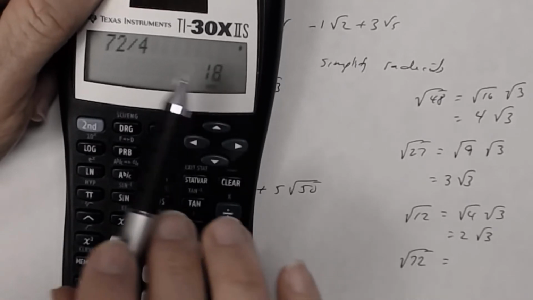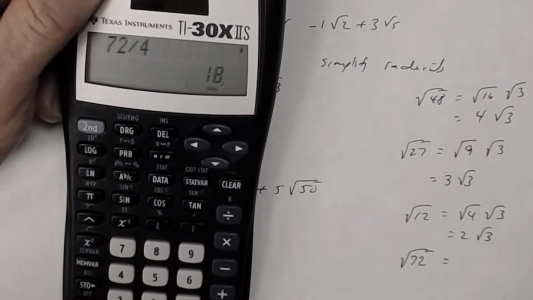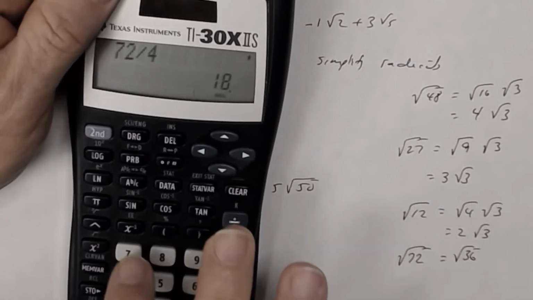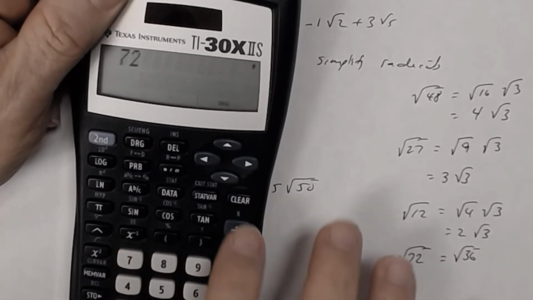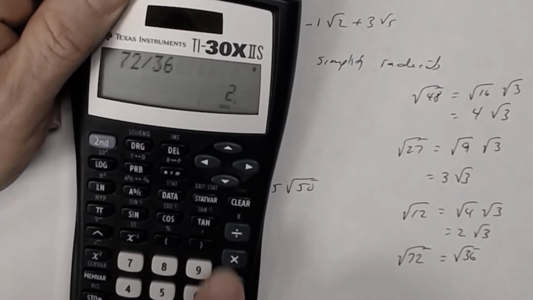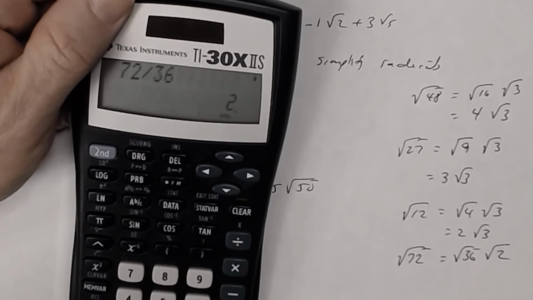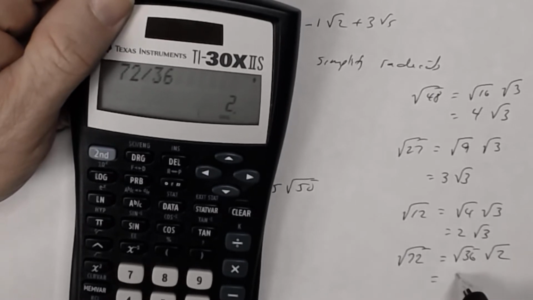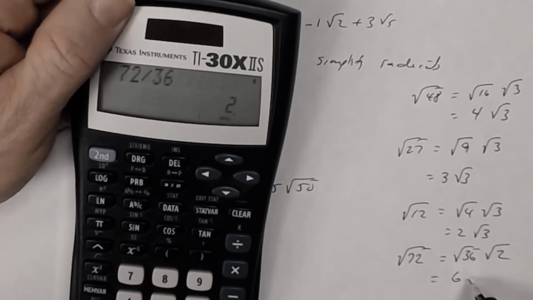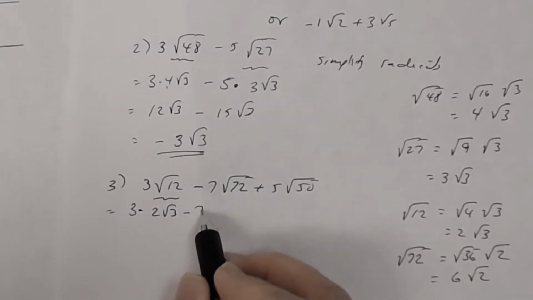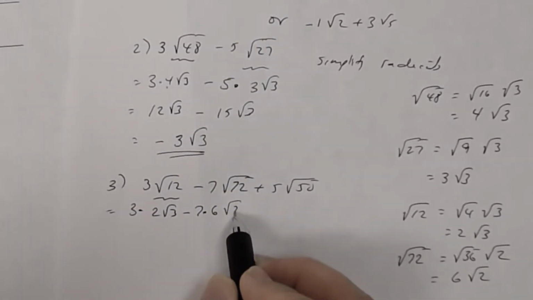And what's 9 times 4? 36. So I'm going to write this as the square root of 36, and then 72 divided by 36 gives me 2. So that's the square root of 36 times the square root of 2. And the square root of 36 is 6, so the square root of 72 becomes 6 square root of 2.